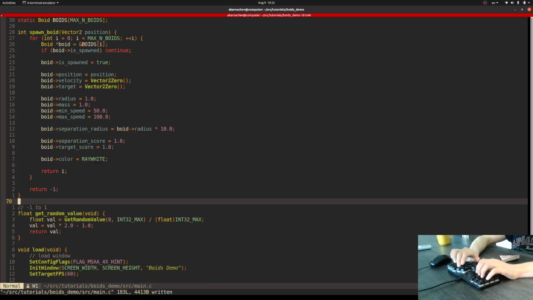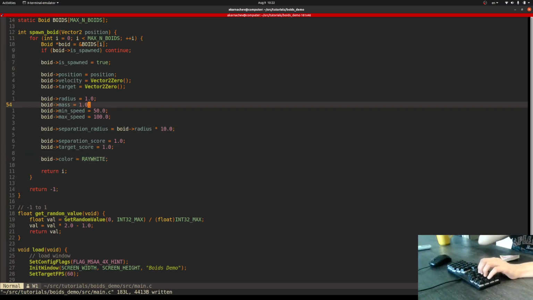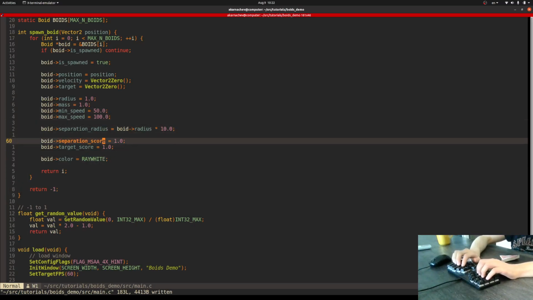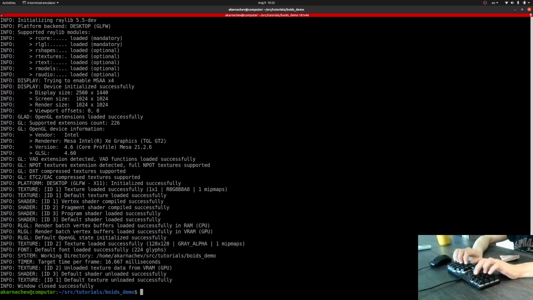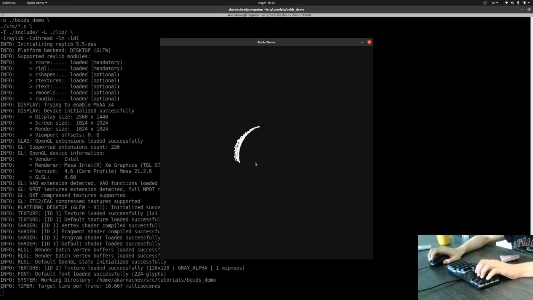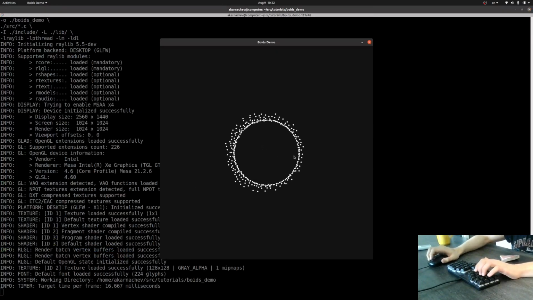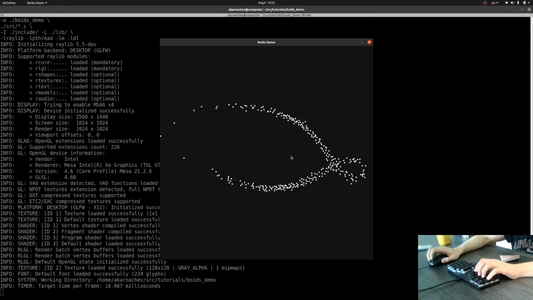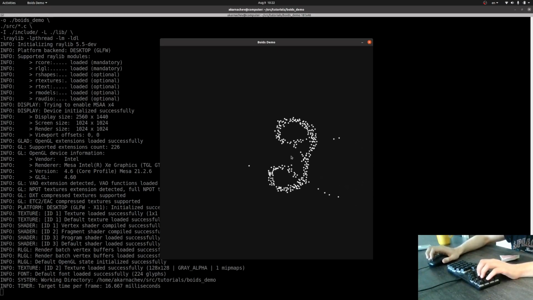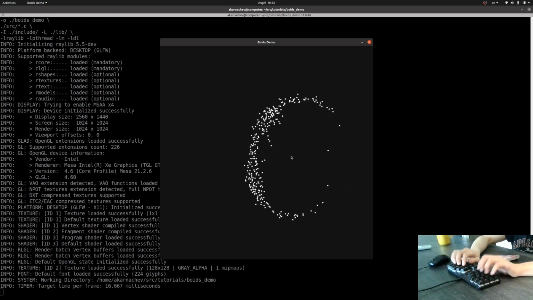Okay, let me tune coefficients a little bit more. Separation score, let's say 2. 20 for contrast. Yeah, it's cool.